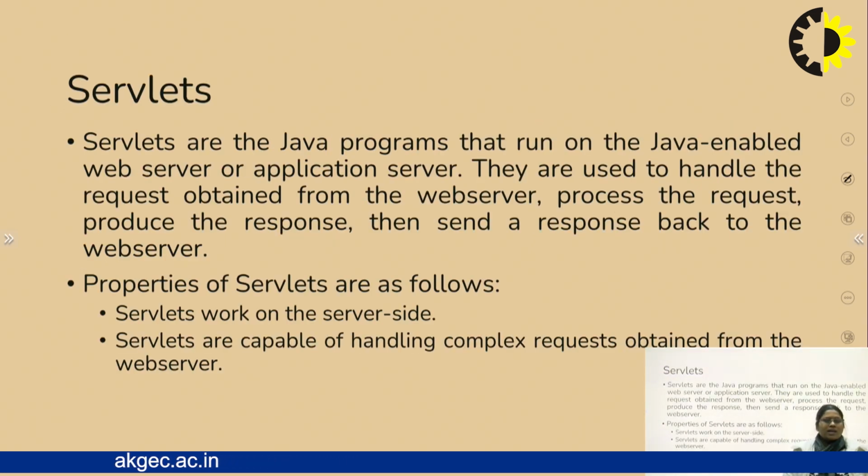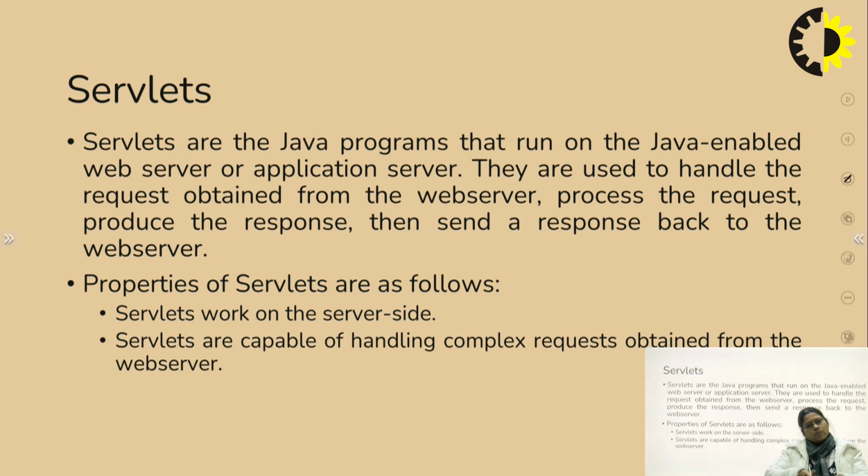So, what is the definition of servlet? Servlets are basically Java programs. We just write a Java program on the server, and these Java programs will only execute on the server side. They will never execute on the client side. It is a Java program that runs on a Java-enabled web server or application server.